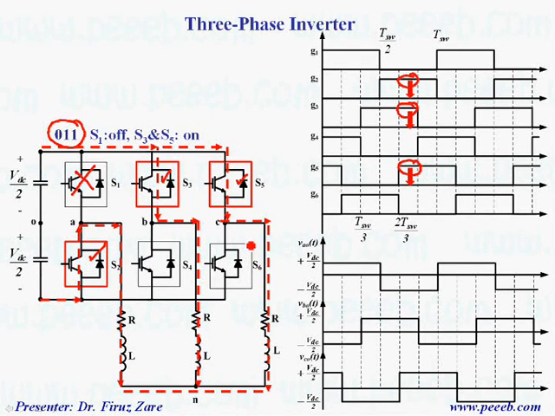Again, because this terminal is connected to this point, the output voltage with respect to this point is minus VDC over 2. Leg B and leg C are connected to this point. That's why the output voltage with respect to this point is plus VDC.